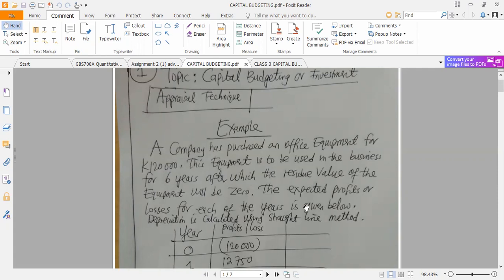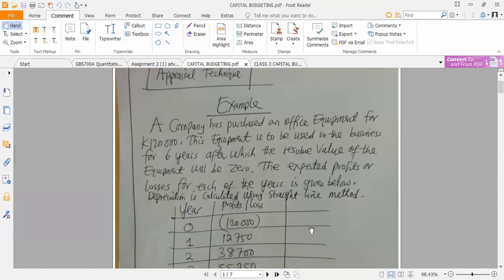Now, this residual value is also called the scrap value. So meaning this equipment is used in the business for 6 years, and after which the equipment would have a value of 0. The expected profits or losses for each of the years are given below.